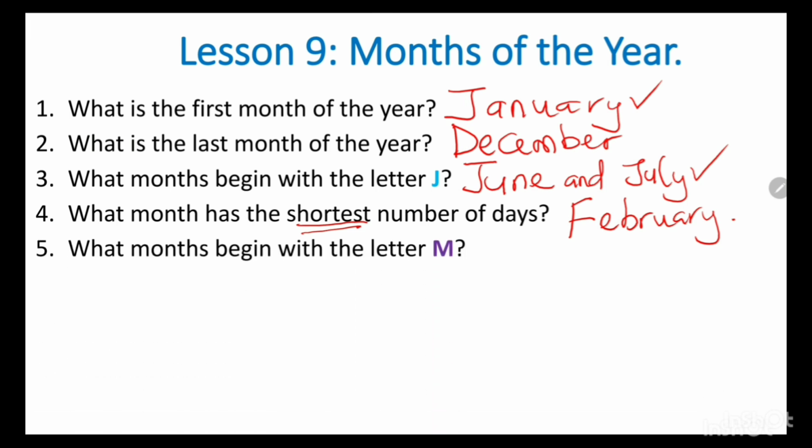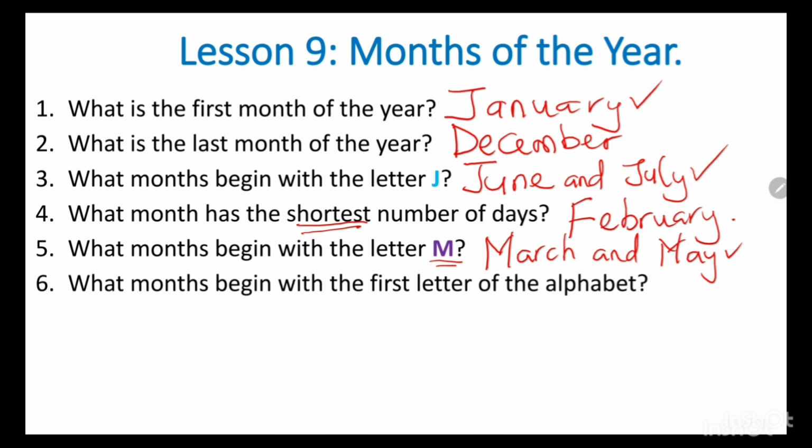All right, number 5. What months begin with the letter M? Think about it. There are 2. You have March and May. Did you get it right? Perfect. Number 6.